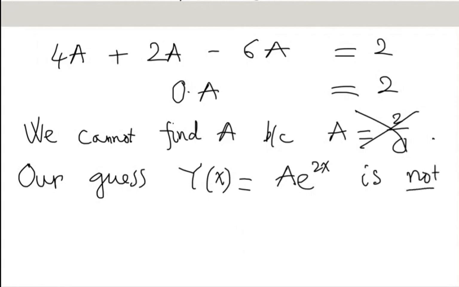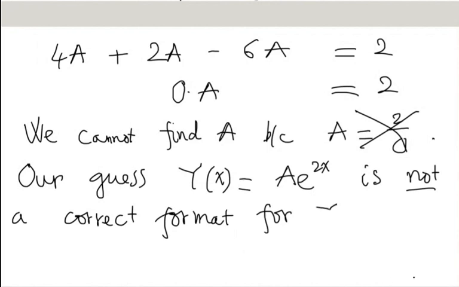It's not a correct format for capital Y of x here. Now recall from the previous lecture, for an exponential function, we began with this guess and it worked. But what happens in this case?